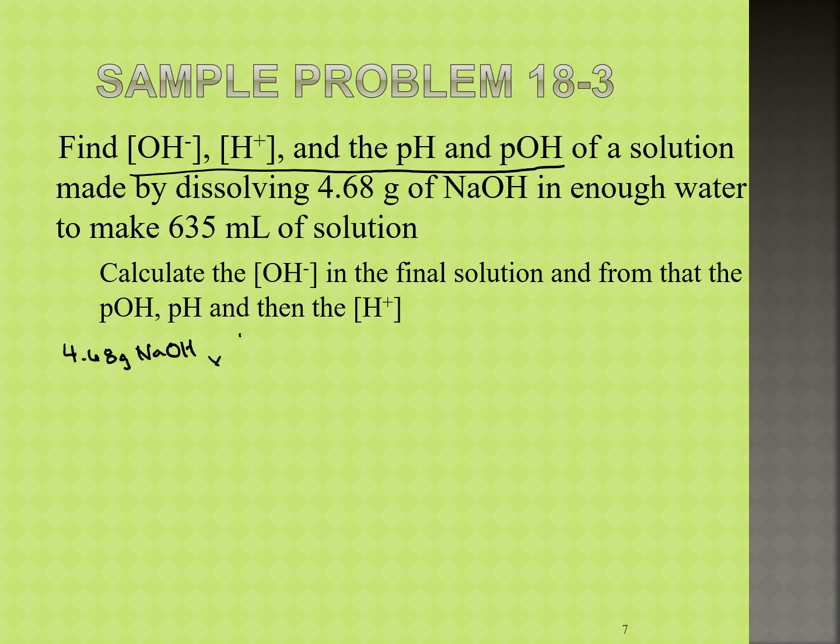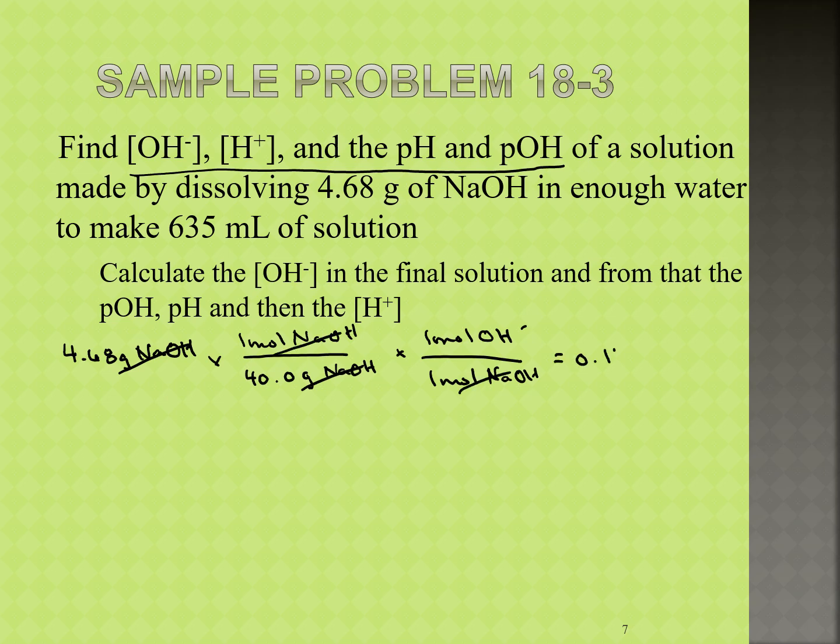Sodium hydroxide weighs 40.0 grams per mole. And I need the moles of hydroxide, so 1 mole of hydroxide comes from every 1 mole of sodium hydroxide, because there's 1 hydroxide in sodium hydroxide. We end up with 0.117 moles of hydroxide.